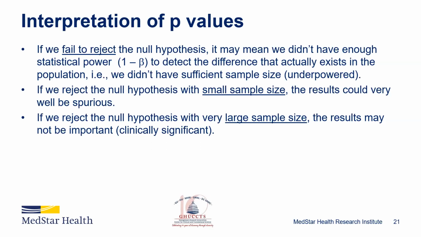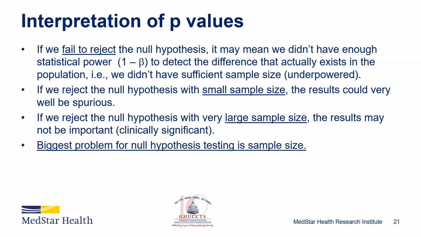On the other hand, if you have a very large sample size, then it's quite easy to find statistical significance or reject the null hypothesis. But in this case, it's very likely that the results may not be really important, or as we say, clinically significant. So the biggest problem for null hypothesis testing is really our sample size.